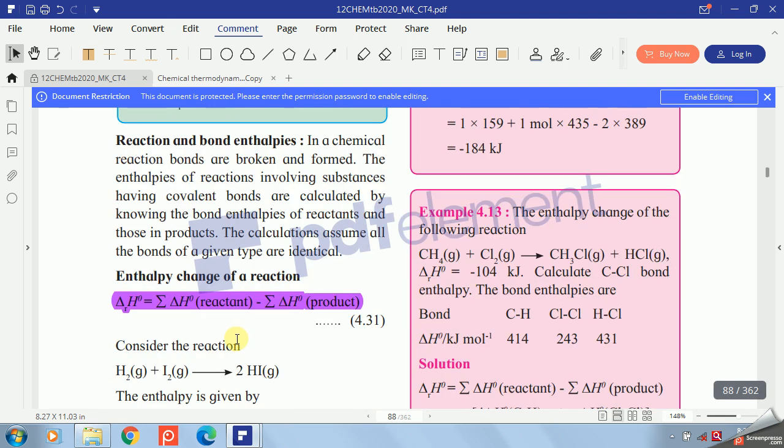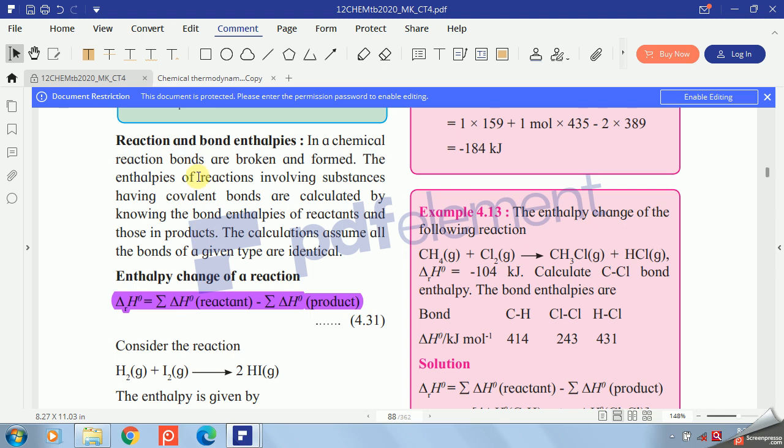Now next one is the reaction and bond enthalpy. If we have to consider the standard enthalpy of a reaction with respect to enthalpy of formation, then we write a formula: the standard enthalpy of reaction is the summation of standard enthalpy of formation of products minus the summation of standard enthalpy of formation of reactants.